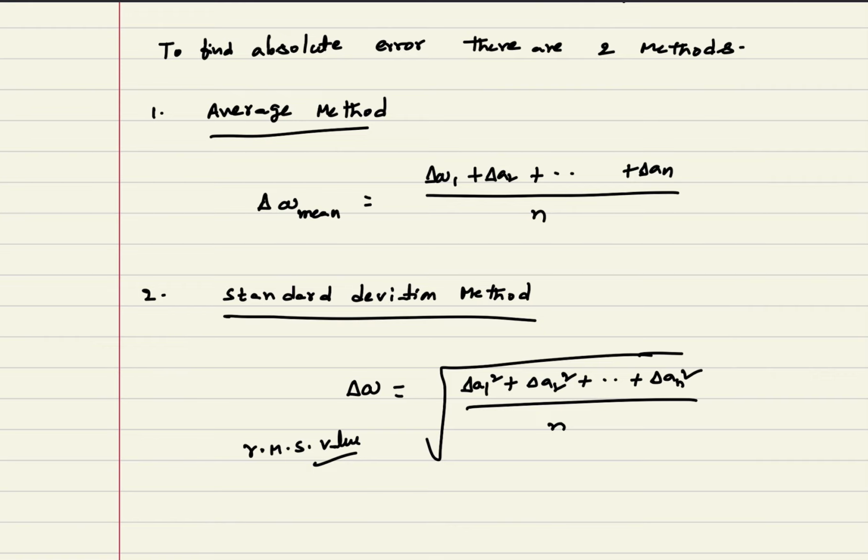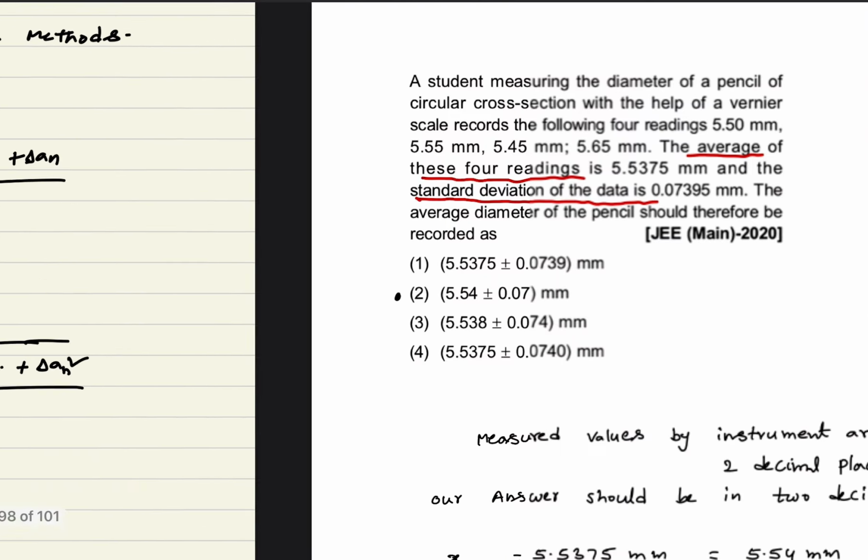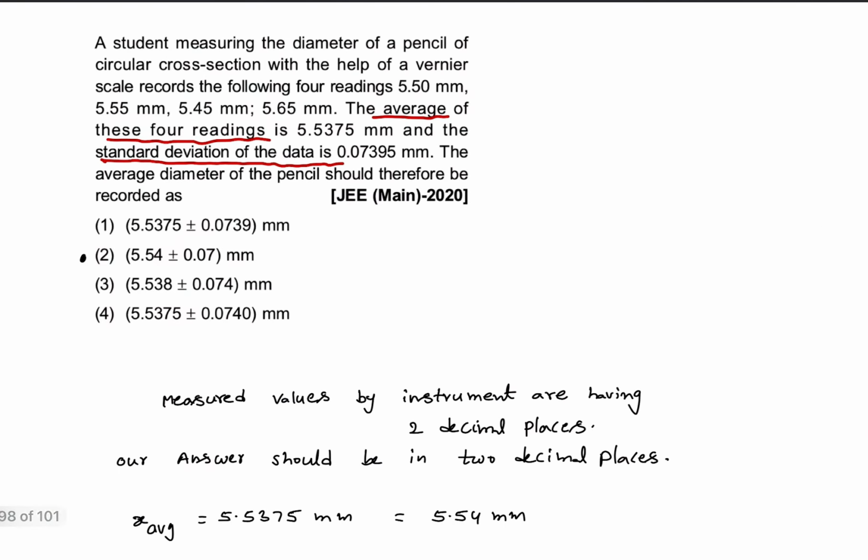It is like an RMS value. Taking the RMS value of the errors gives the standard deviation method. Finding any error in the standard deviation method is nothing but taking the RMS value of all the errors. I hope it is clear for you.